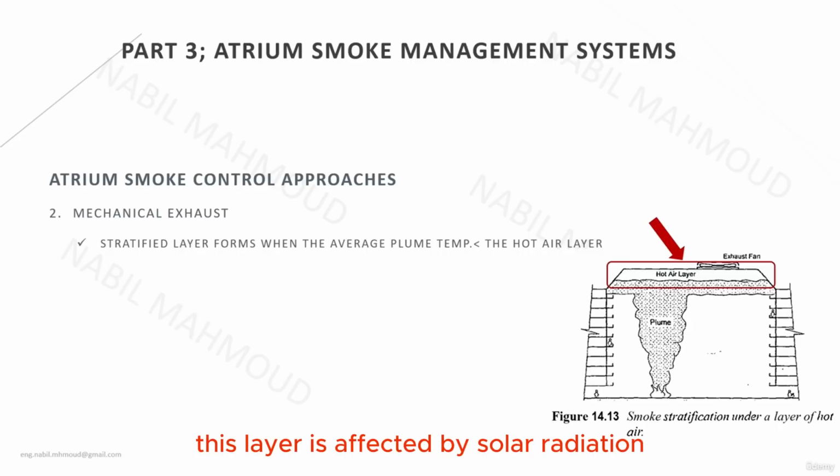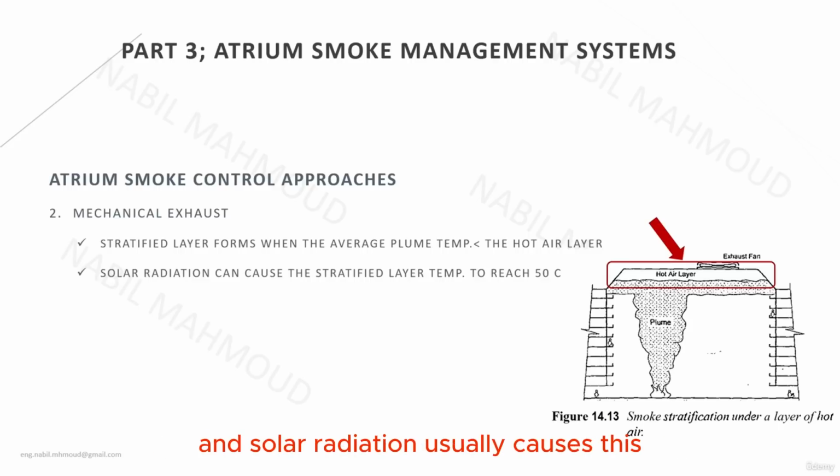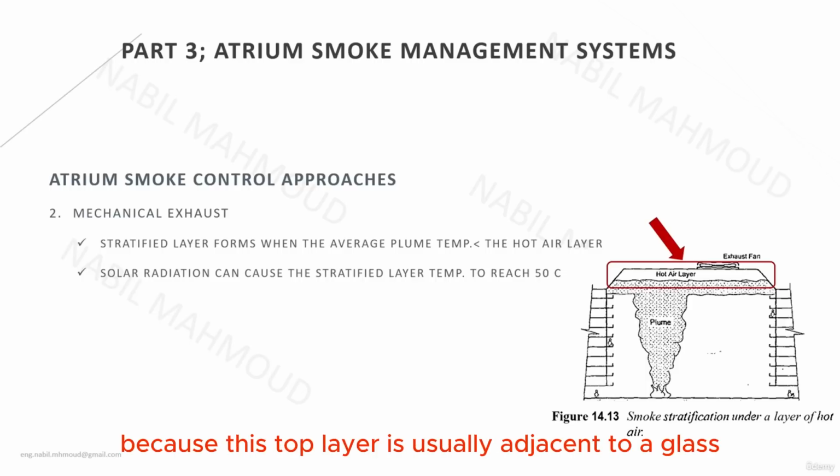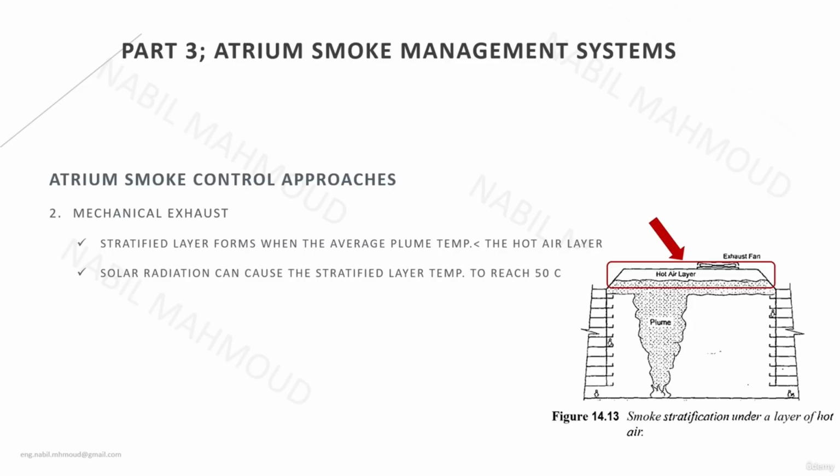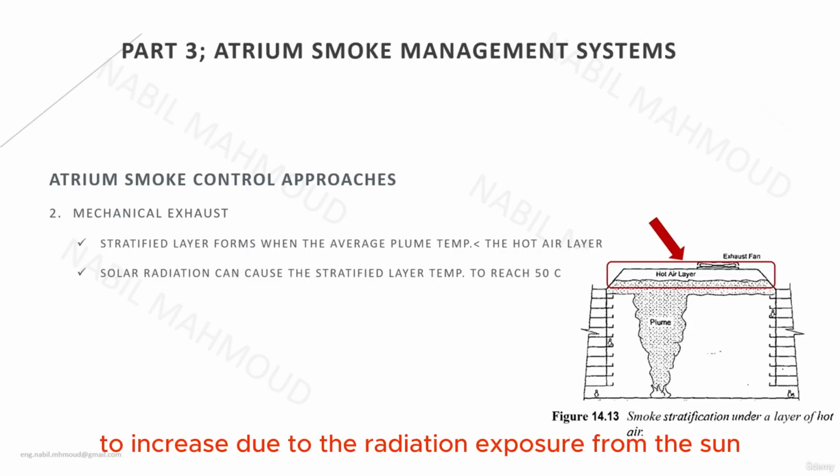This layer is affected by solar radiation, which usually causes its temperature to increase, sometimes to reach up to 50 degrees Celsius, because this top layer is usually adjacent to glass, and this glass allows the temperature to increase due to radiation exposure from the sun.